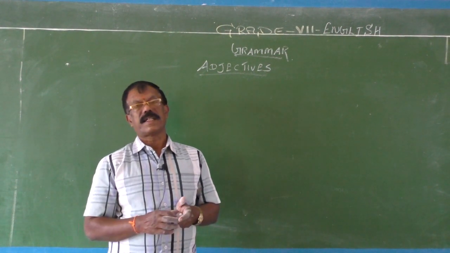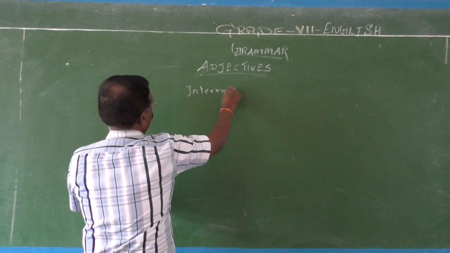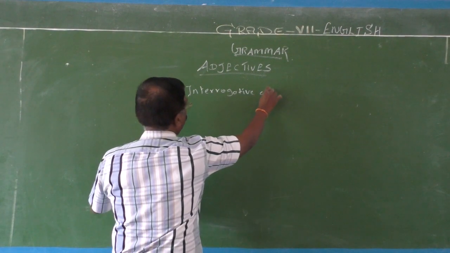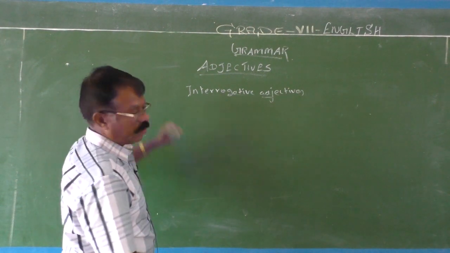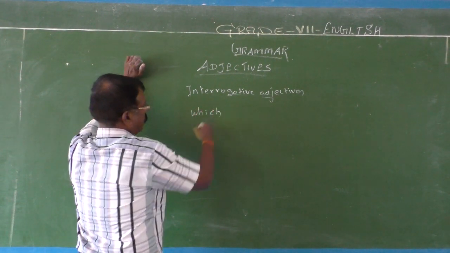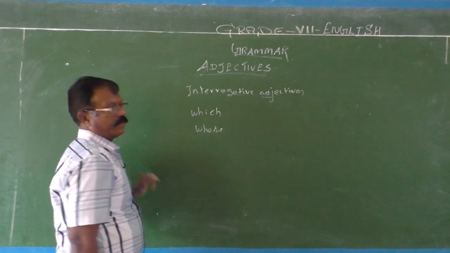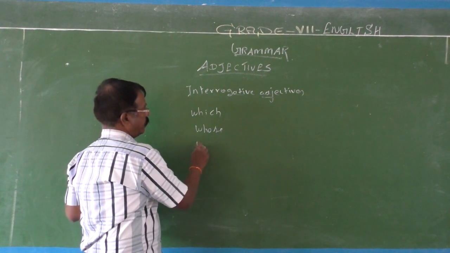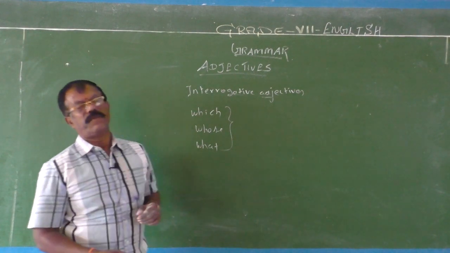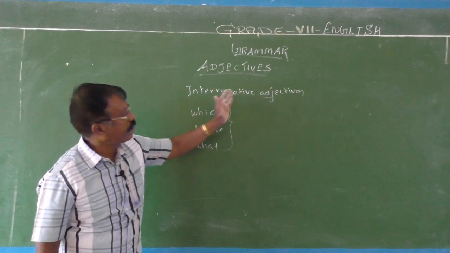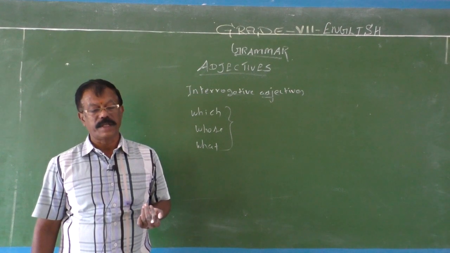Such words are called interrogative adjectives. Example, which, whose, and what. These three question words are called interrogative adjectives because they help us to frame questions.